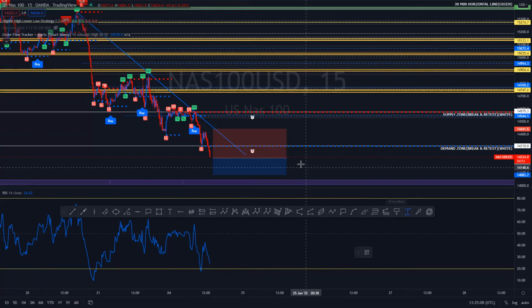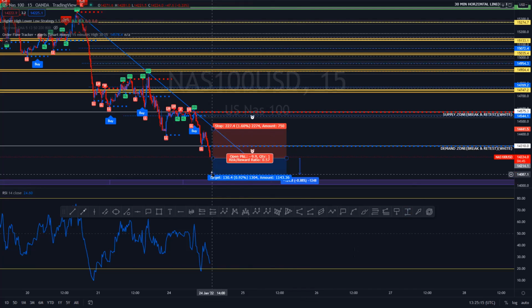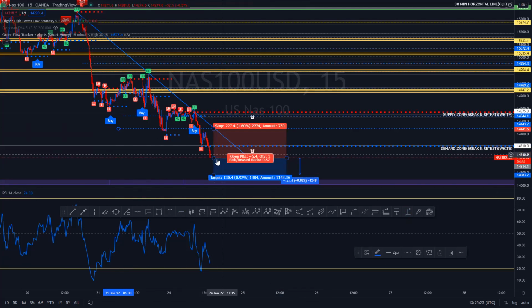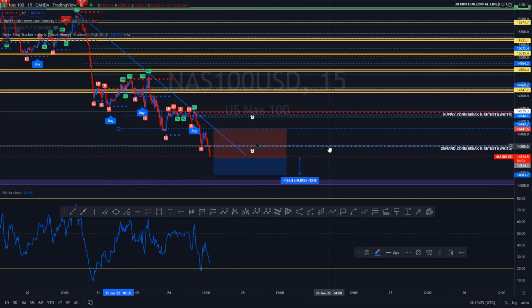So if I were to sell it from here all the way down to here, I would still get a good amount of pips. So this will be my stop loss here. Entry here. Then this will be my take profit one here.